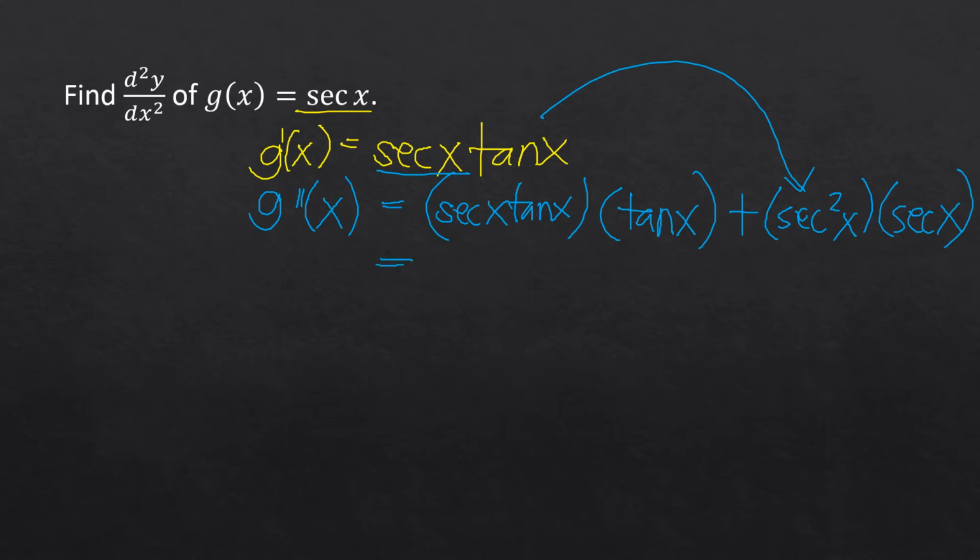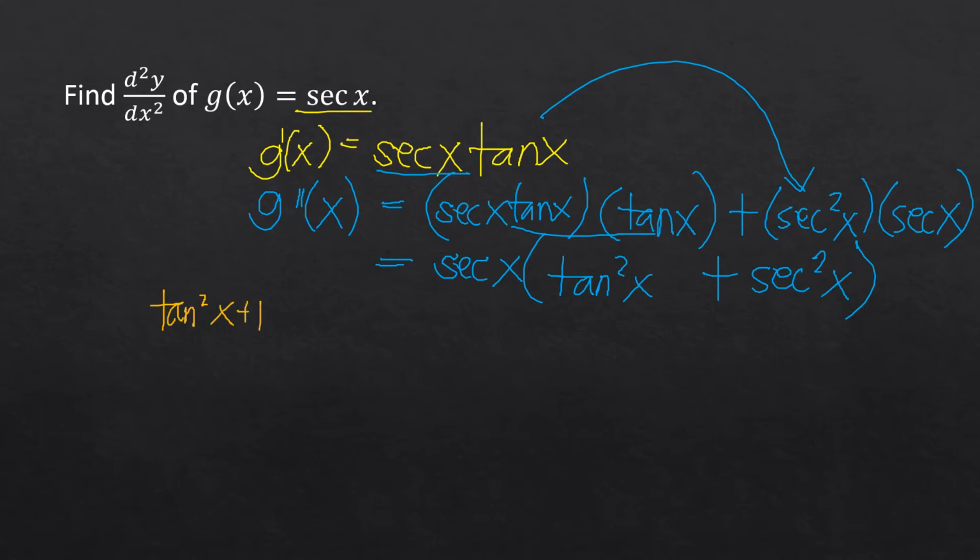Makikita natin na factorable itong two terms by secant x. So ilabas ang secant x. So tangent x times tangent x here will give us tangent squared x, plus secant squared x. Now we have the idea that tangent squared x plus 1, Pythagorean identity, is secant squared x.